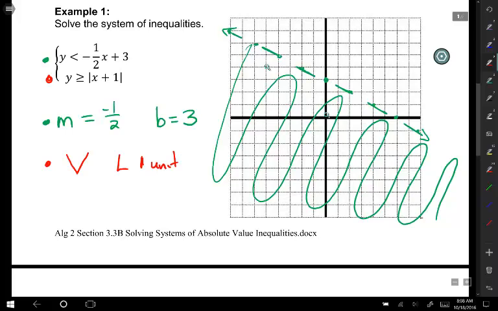So go from the origin and go left 1 unit. Put a dot there. Am I going to make a solid V or a dotted V? And how do you know? Because it is equal to. So make a solid V with a slope of 1, and a solid V in the other direction with a slope of 1.